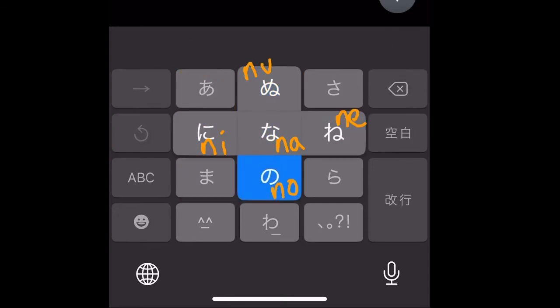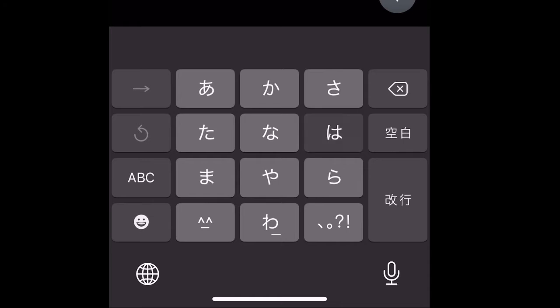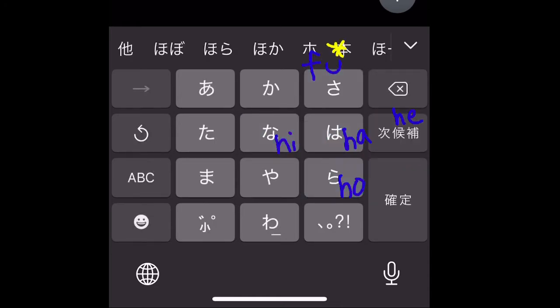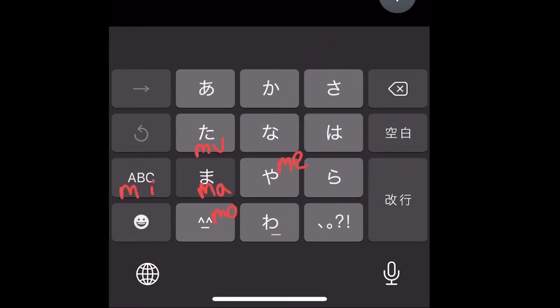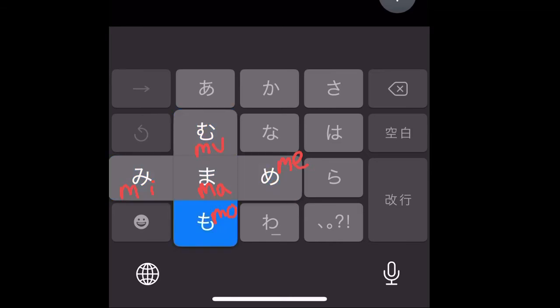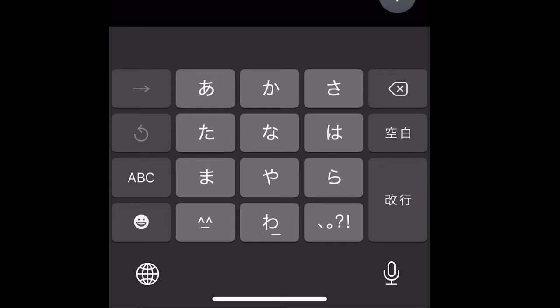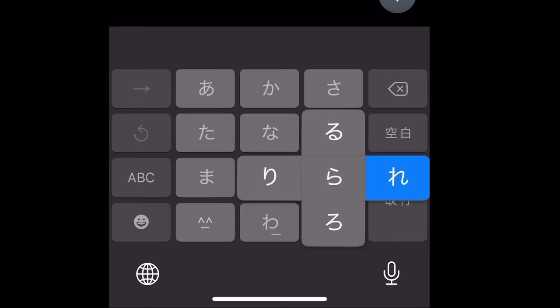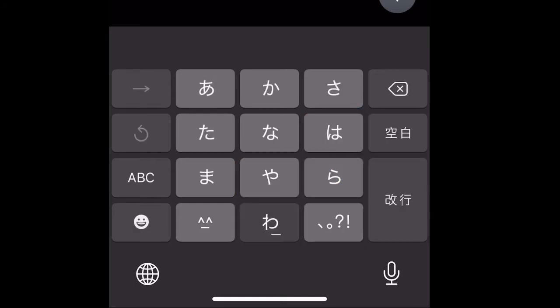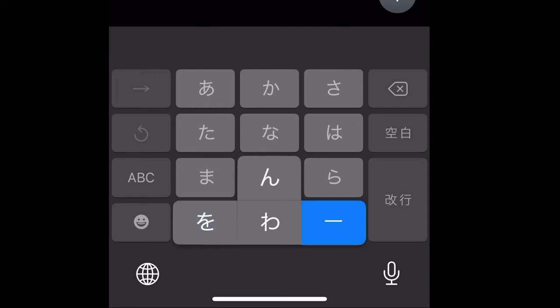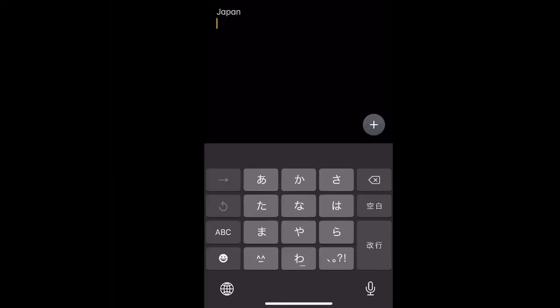Na, ni, nu, ne, no. Ha, hi, hu, he, ho. Ma, mi, mu, me, mo, ya, yu, yo, and then ra, ri, ru, re, ro, and then wa. But those are just the sounds.